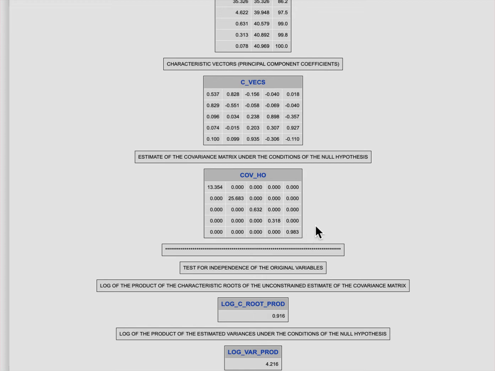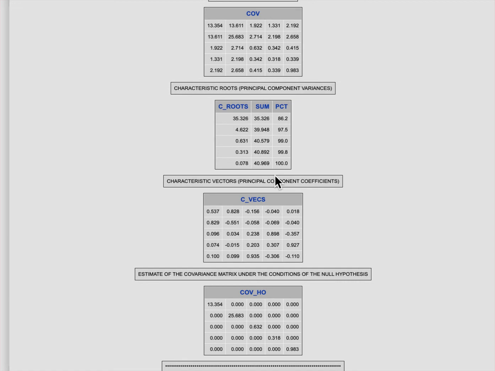Now, in the previous lecture video, I told you that the estimated variances in that covariance matrix computed under the null hypothesis are the same as the estimated variances in the estimated covariance matrix when we are not restricting the estimation procedure to the null hypothesis.